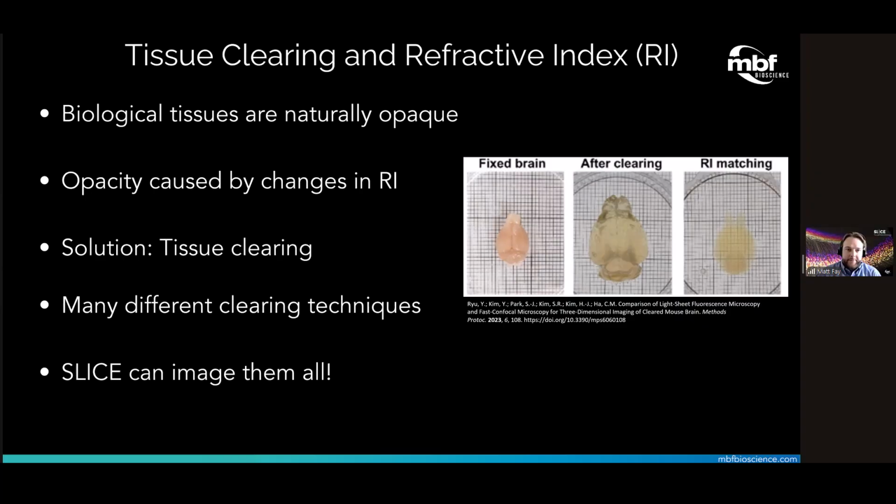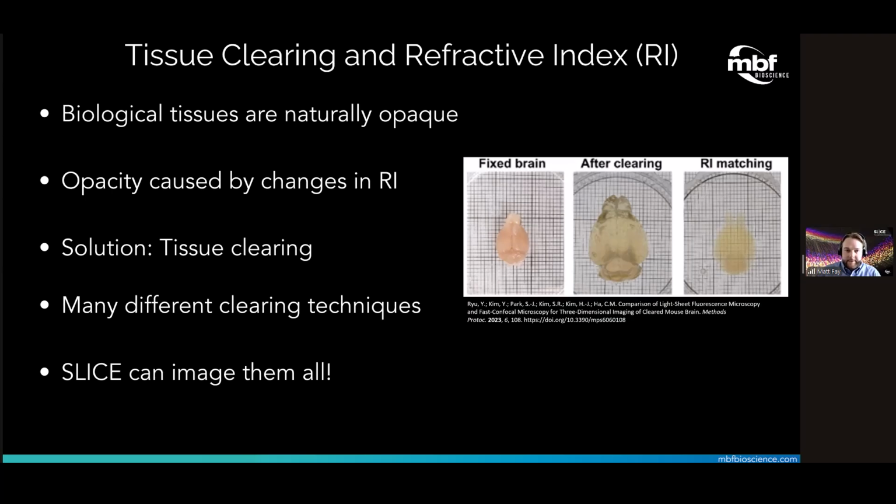As light passes between materials with different RIs, it bends or refracts, distorting the image. Tissue clearing addresses this by homogenizing the refractive index throughout the sample, allowing light to pass through with minimal light scattering. On the right, you can see an example highlighting the impact of RI matching in a cleared tissue sample.